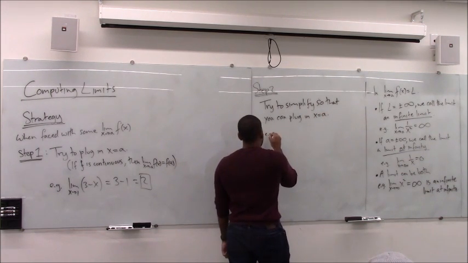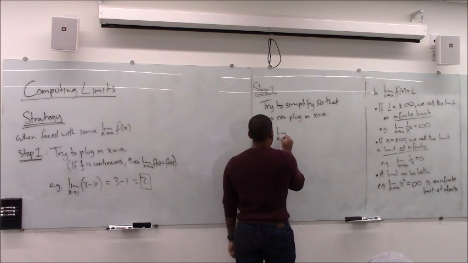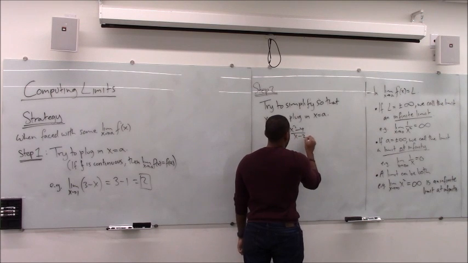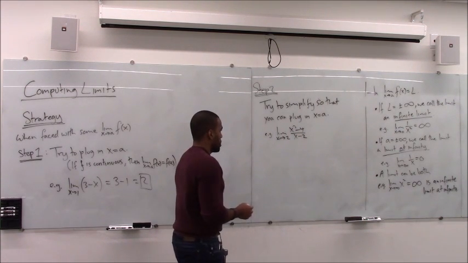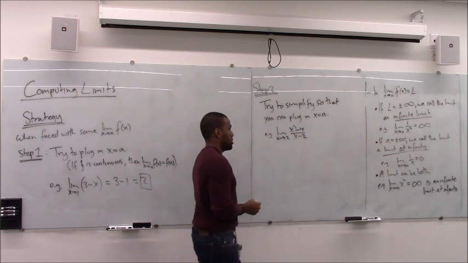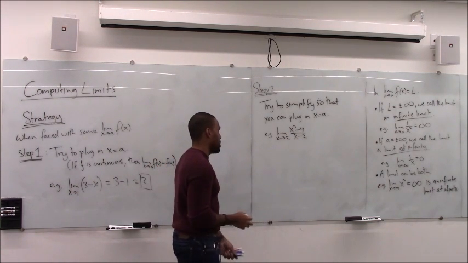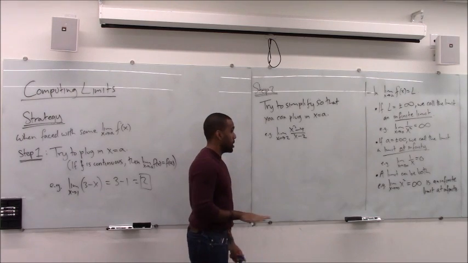Here's an example, the first one we started with today: x squared minus 4 over x minus 2. Step 1, I try to plug in 2, but I can't because I divide by 0. Jhevon's going to kill me, so I'm not going to do that.